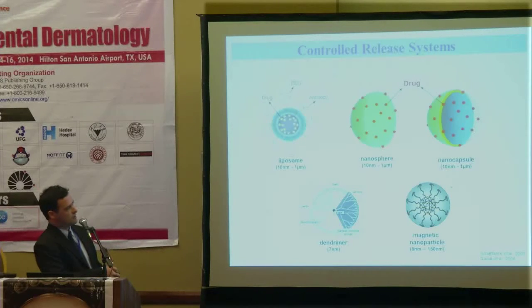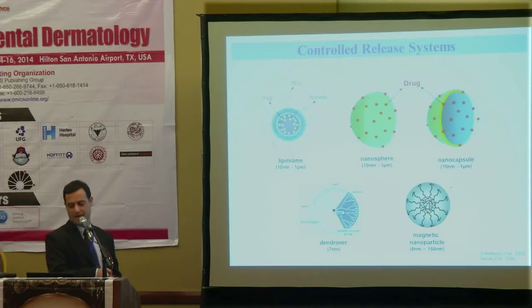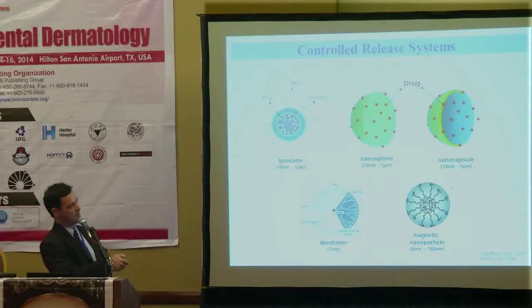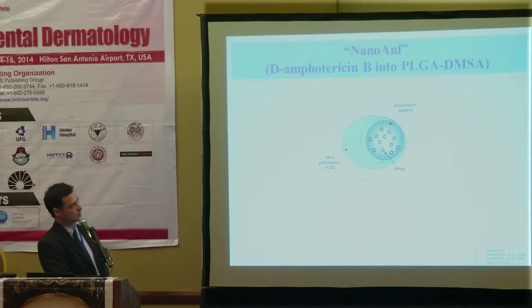Here I'm showing some examples of nanoparticles used to prepare controlled release systems: liposomes, polymeric nanoparticles such as nanospheres or nanocapsules, dendrimers, or magnetic nanoparticles. Our group works mainly with polymeric nanoparticles, nanospheres or nanocapsules.